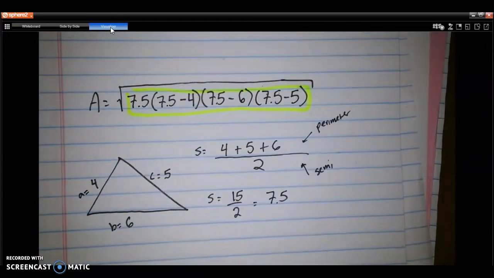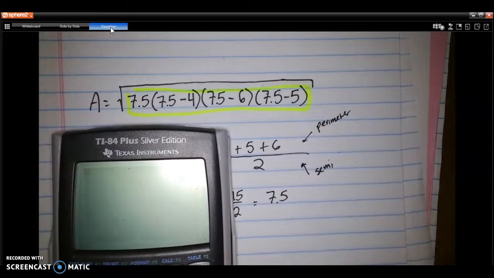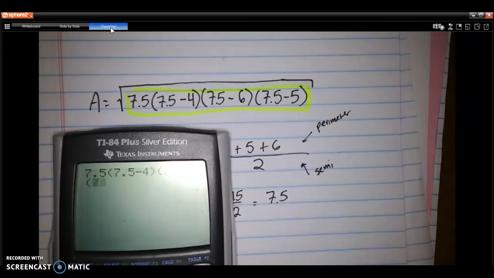So I'm going into my calculator and I'm going to do 7.5 times 7.5 minus 4 times 7.5 minus 6 times 7.5 minus 5. And I'm just doing that part first.